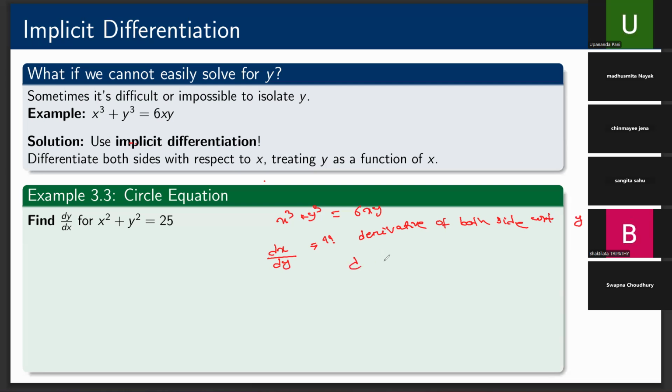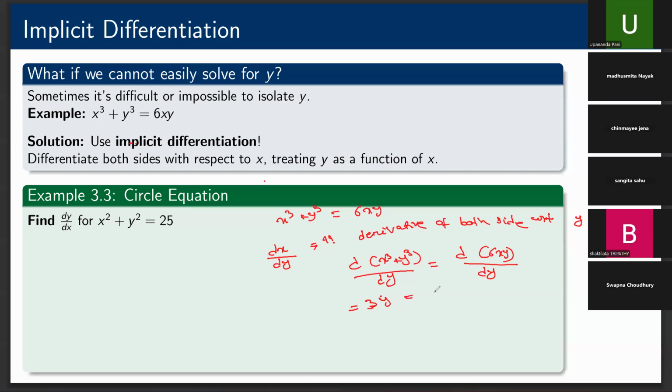So we'll get the derivative of x cube plus y cube with respect to y, equal to the derivative of 6xy with respect to y. When I'm taking the derivative with respect to y, I'll treat x as a constant term. So the derivative of x cube becomes 0. The derivative of y cube will be 3y.